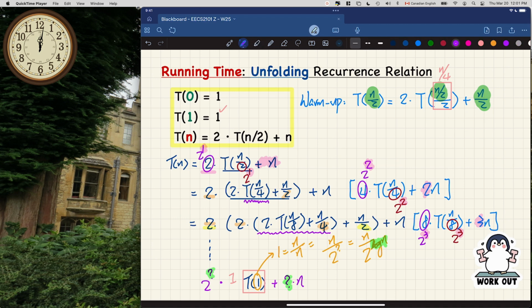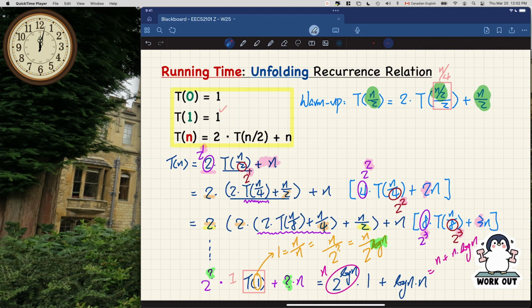It is going to be equal to 2 to the power of log n times t of 1, which is 1, plus log n times n. Right? And then this one here we know pretty well is simply n, which will be equal to n plus n log n.